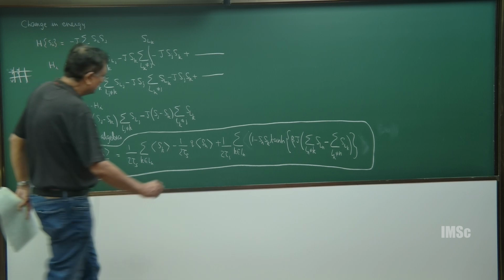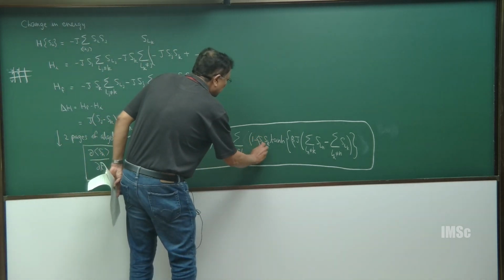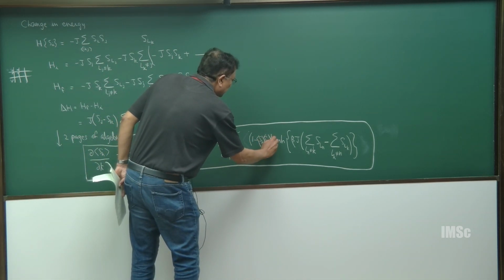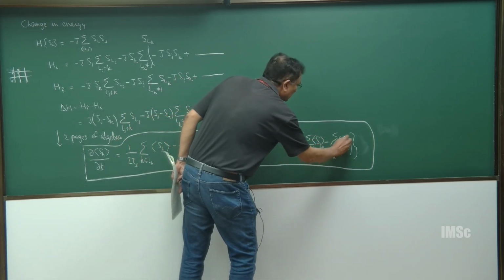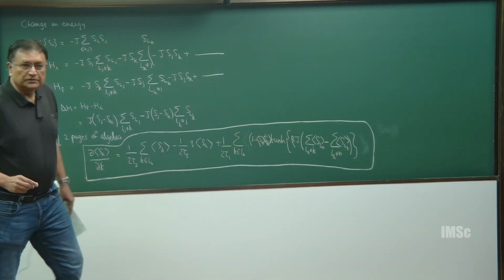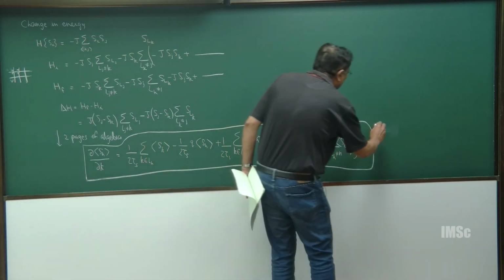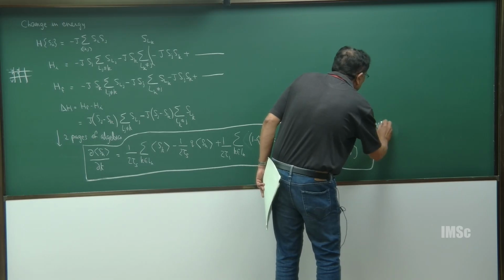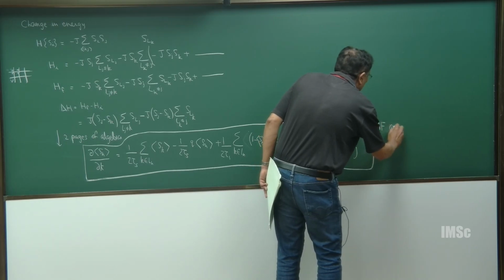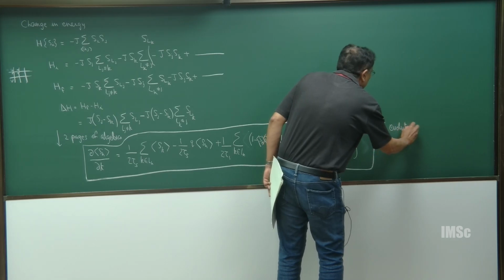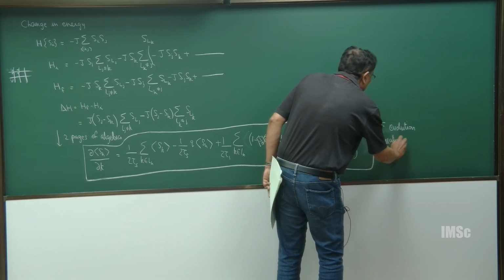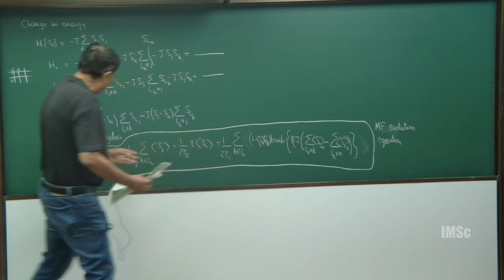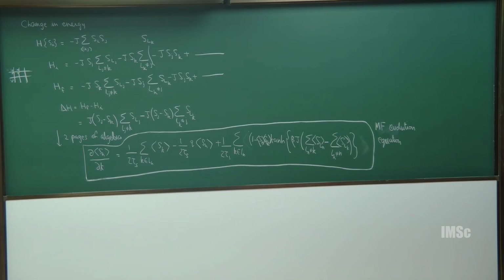Now I have expectation values here, here, here, and here. So that's just 1 minute. Let me write this down, then I'll answer your question. So that's a mean field evolution equation. It's now a closed form evolution equation for the magnetization field. It only depends on the magnetization at a site and its neighbors.